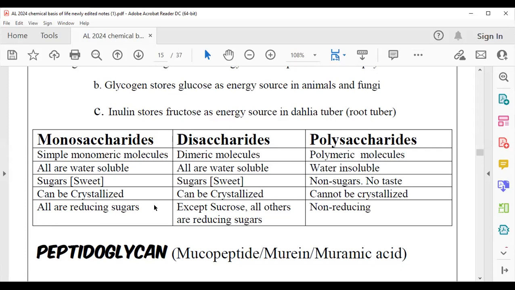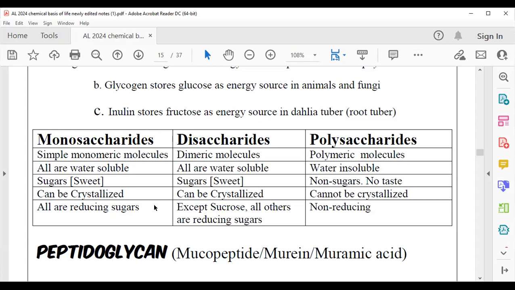MCQ. You will be getting 50 MCQs out of 100, so you score 50 marks in 50 MCQs. Every MCQ is worthy.